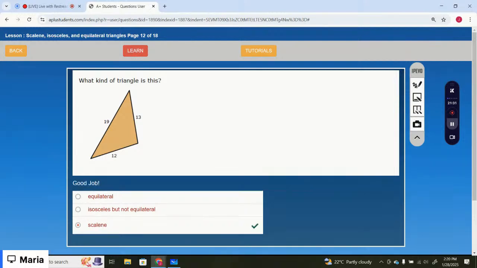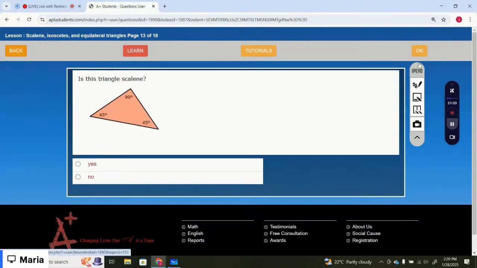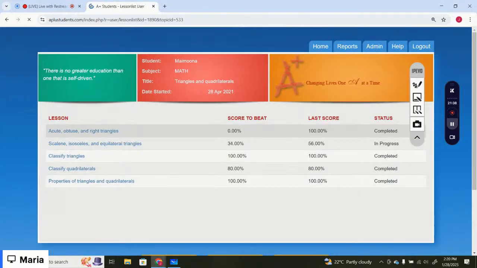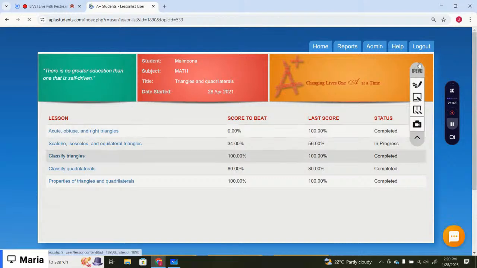Okay, we are done with our lesson. You can complete the lesson by yourself later today. Let me just move on to next lesson. That is classify triangles.